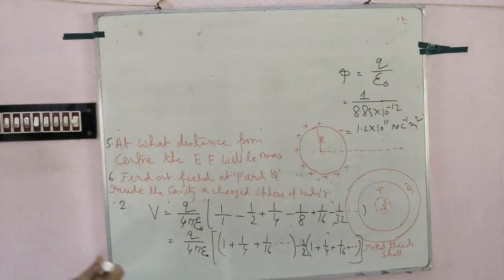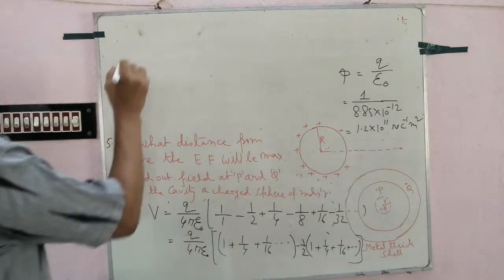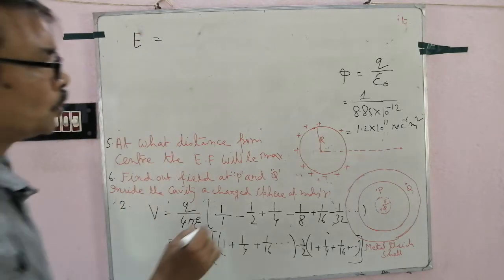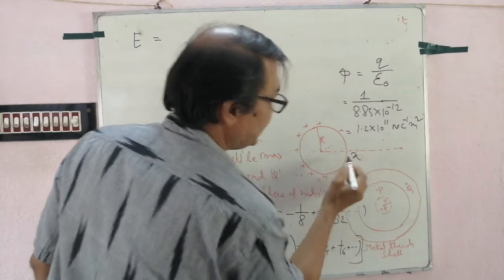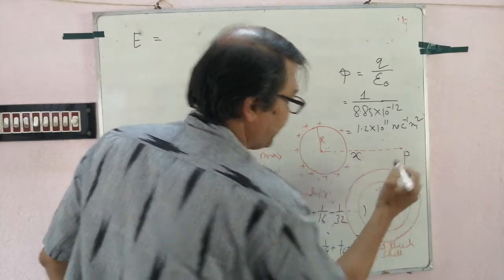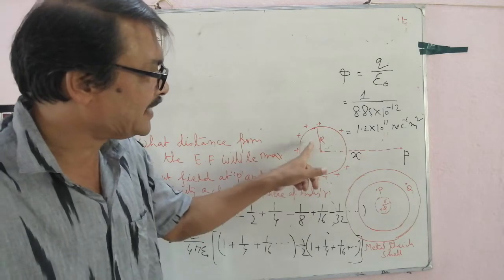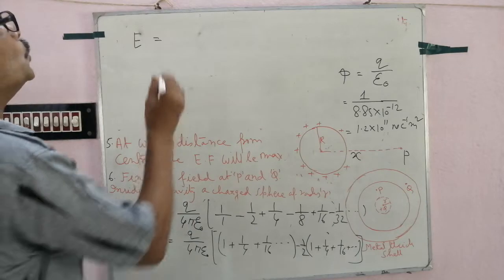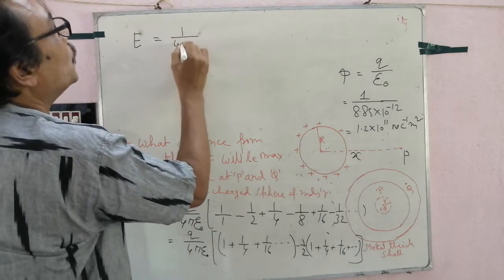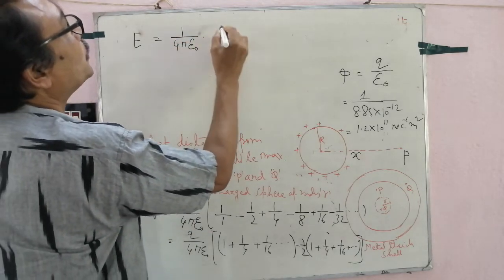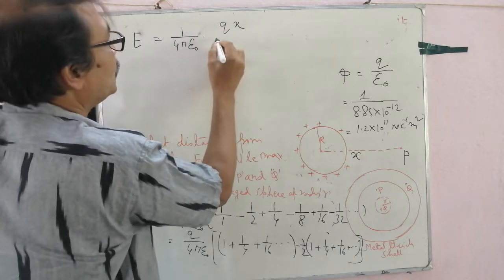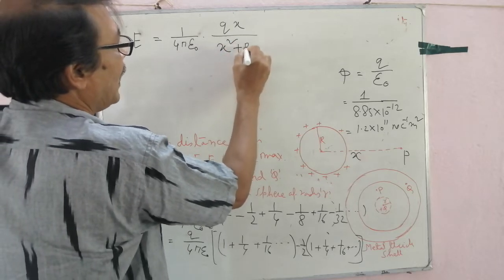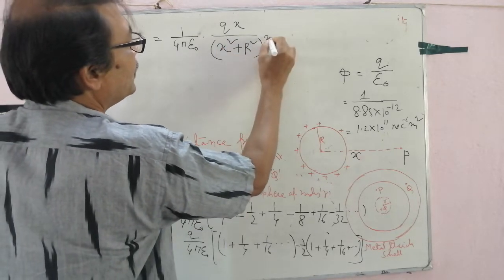Electric field will be maximum. In my second lecture, due to a charged ring, this is the distance x and this is point P. Due to a charged ring of radius r, at a distance x from the center, we know the field is 1 by 4 pi epsilon naught times q x by (x square plus r square) whole to the power 3 by 2.